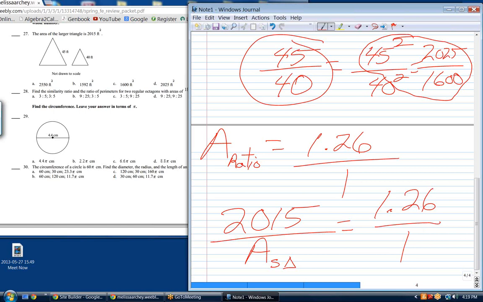So can you divide 2015 by 1.26? That's the answer. But setting it up is really the trick. It wasn't solving for it, it was setting it up.